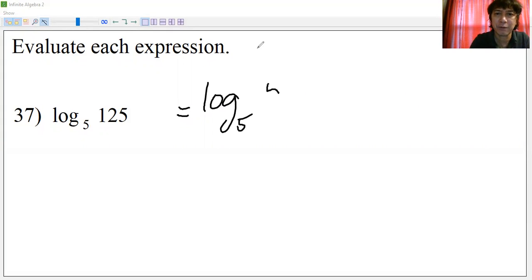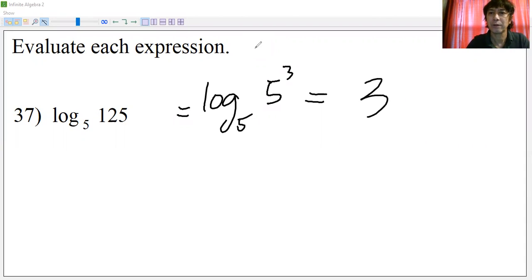That's 125. You can write this as 5 to the 3rd, and so the answer is just 3. Check and verify. It's 3. You can see the red number. That's the answer revealed by the computer. Let's continue with the next numbers.